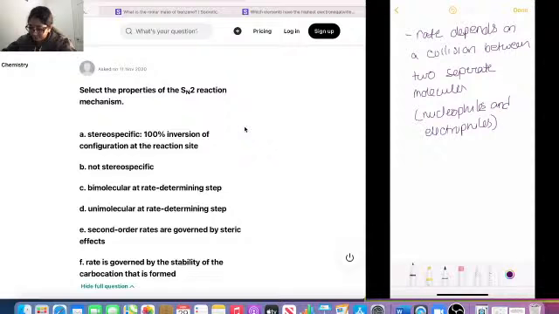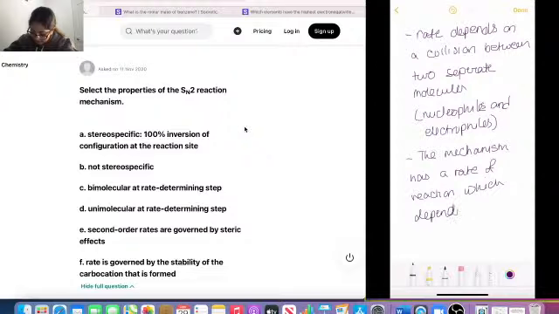And so the mechanism, you can say, has a rate of reaction which depends on basically the two first order reactants, right?